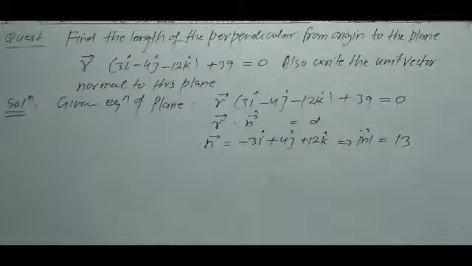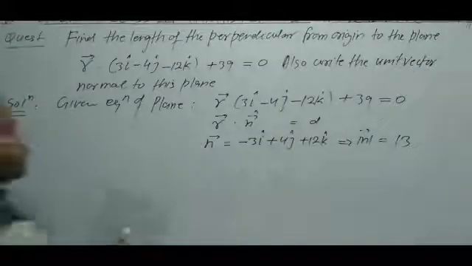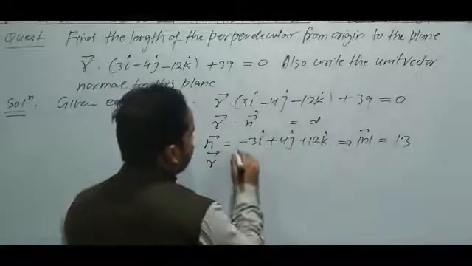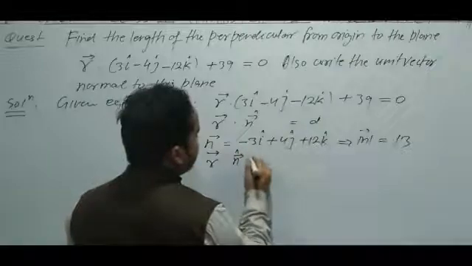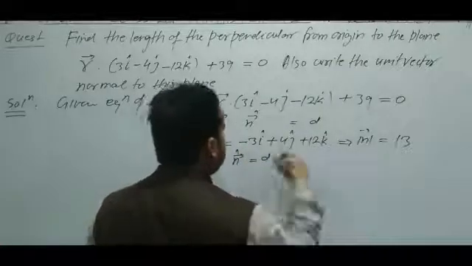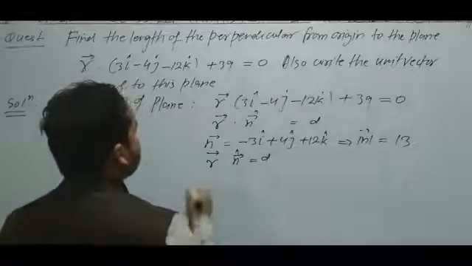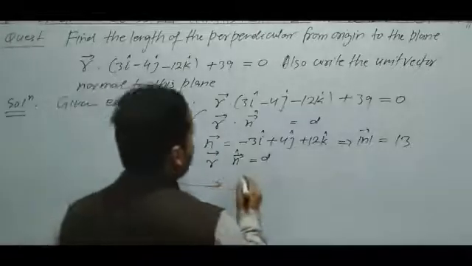Now vector r dot vector n cap is equal to d form. So we have to convert in unit vector format. So what will be the result when you convert this one in unit vector form?